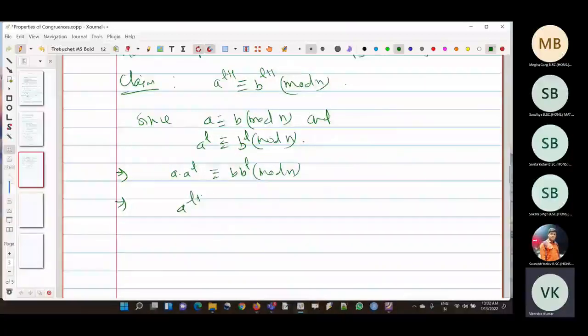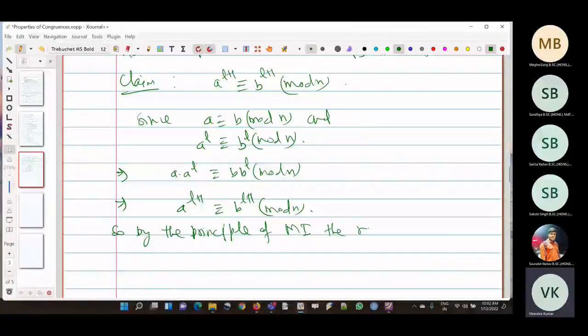And therefore A to the power L plus 1 is congruent to B to the power L plus 1 modulo n. Okay, so by the principle of mathematical induction, the result follows.